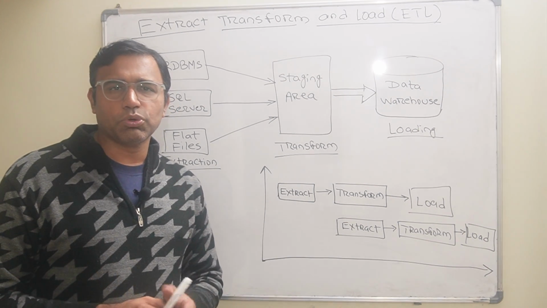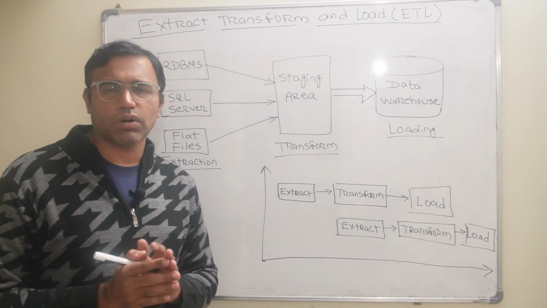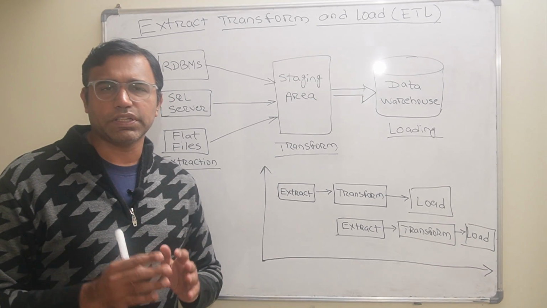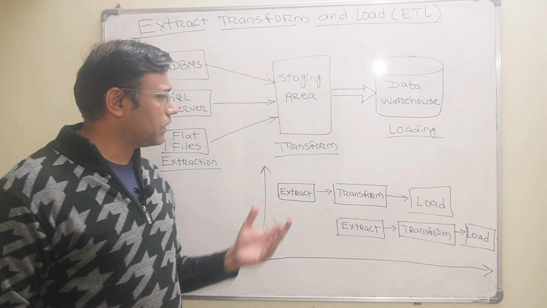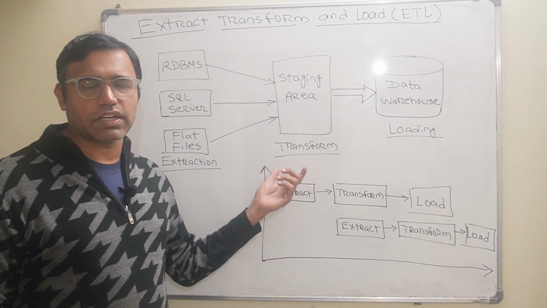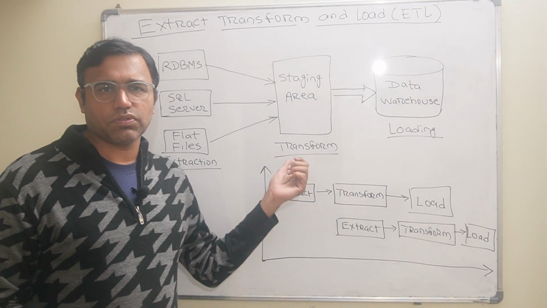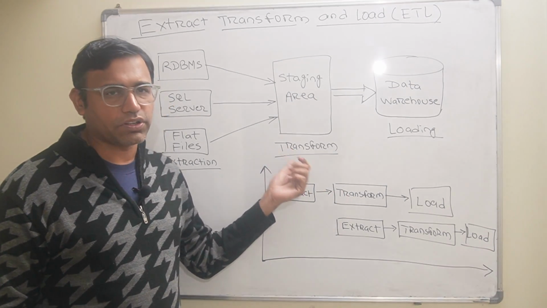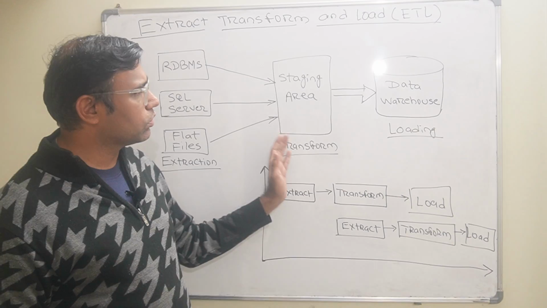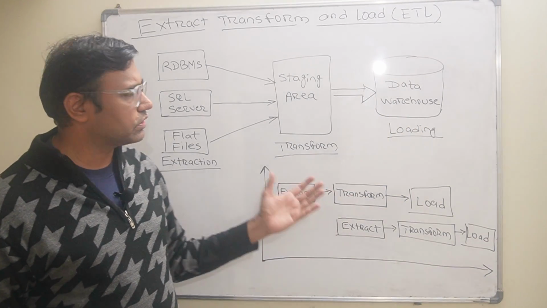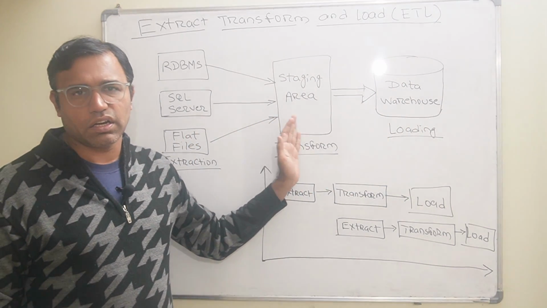Then some attributes can be combined. So joining of the data, filtering of the data, splitting of some attributes can be done in data transformation. Data transformation is a very important process from the ETL point of view, and then it is loaded into the data warehouse. So this is how extract, transform and load works.